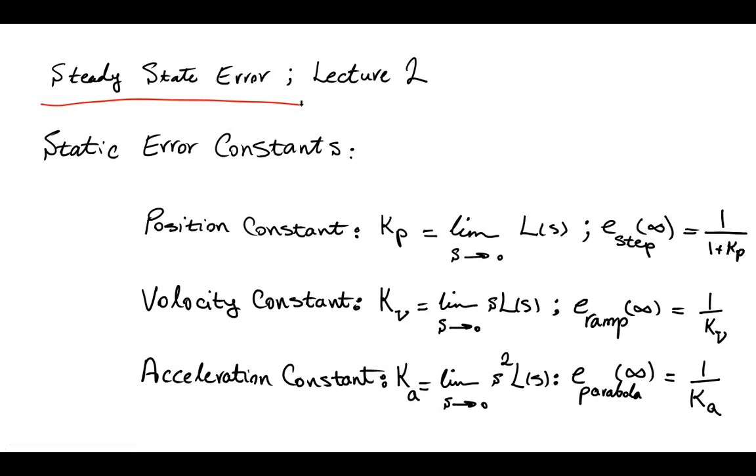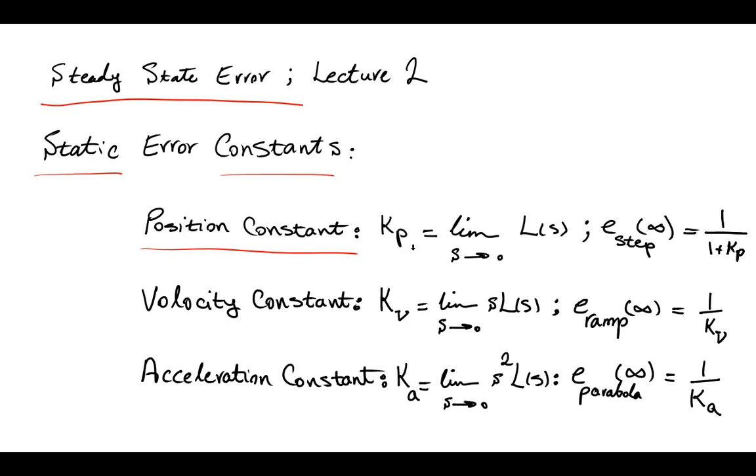We defined the steady state error in the first lecture, and we discussed the final value theorem, which holds when the system is stable, and we realized that pure integrators play an important role in the steady state error. Now let's define these static error constants.